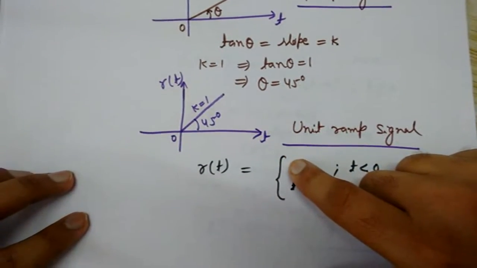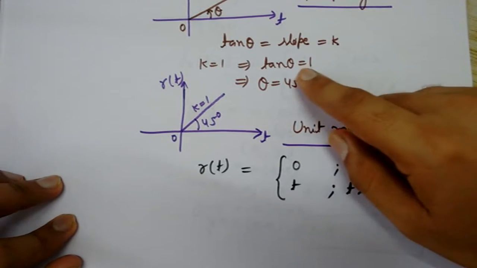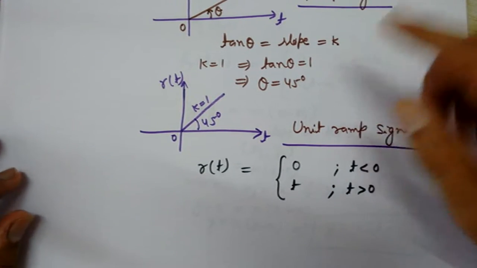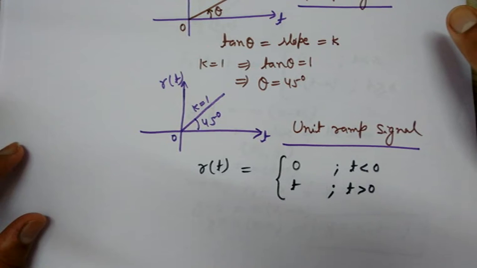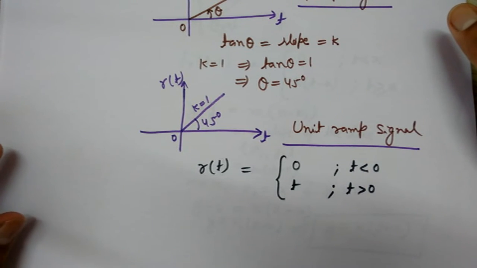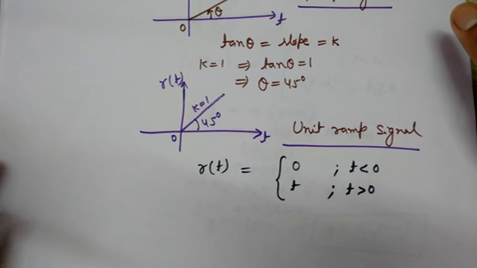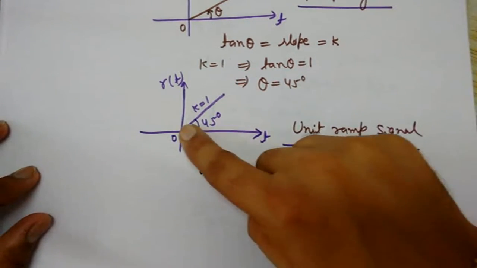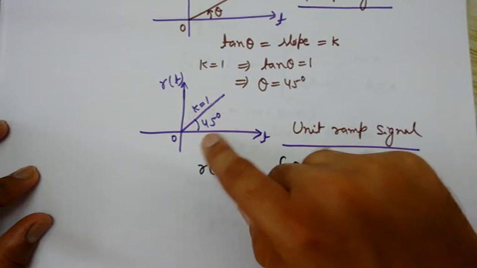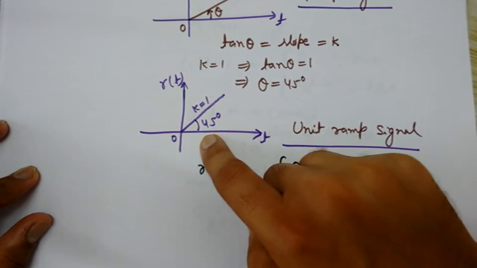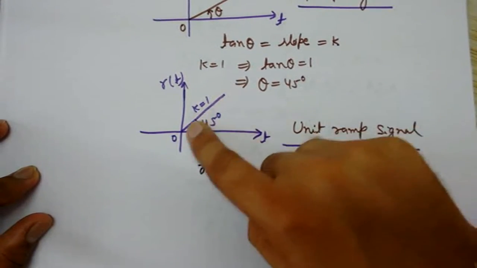So in this case, if the slope is 1, k is equal to 1, then we say that it is the unit ramp signal. So the unit ramp signal has a slope of 1. It has been plotted here, making an angle of 45 degrees, and k is 1.